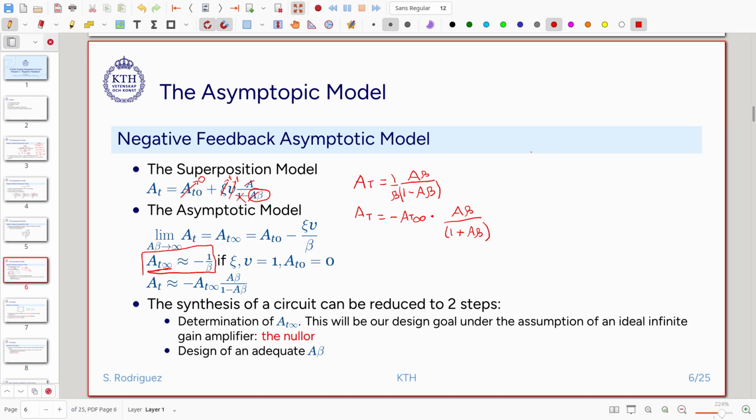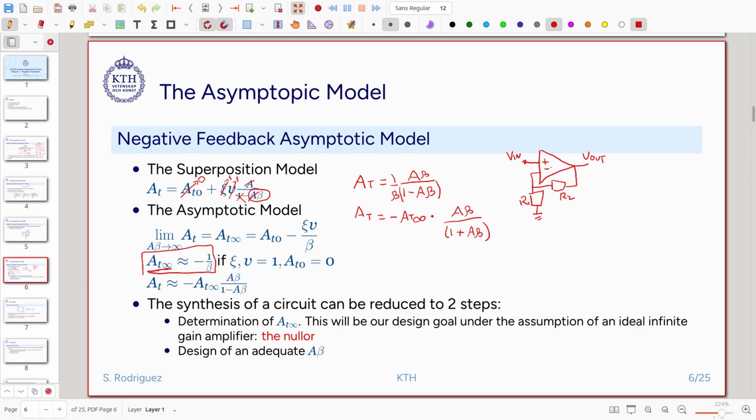Okay, so let's put an example to make it a bit easier to understand what this A beta is. So we have an amplifier. Again, we take our example, the non-inverting amplifier that we discussed before. So if this is R1, this is R2, this is V in, and this is V out.